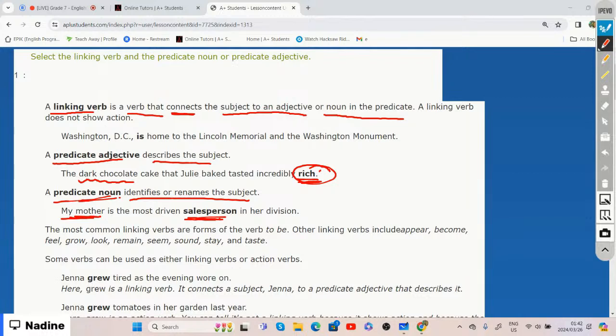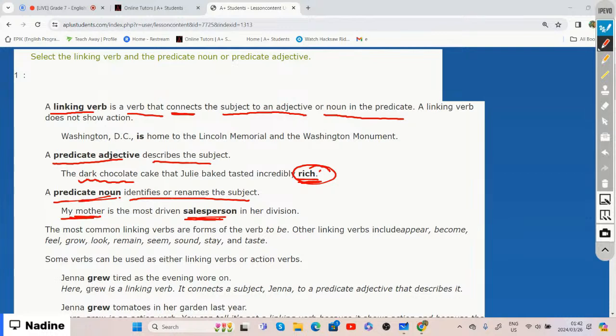When it comes to linking verbs, we said a linking verb is a verb that connects the subject to an adjective or a noun in the predicate, right? And the most common linking verbs are forms of the verb to be.